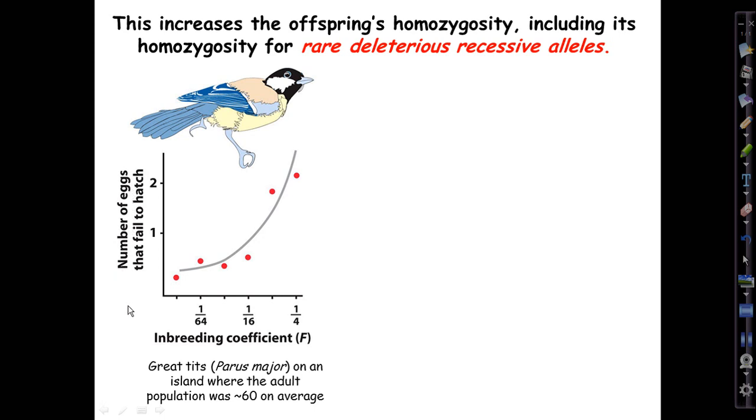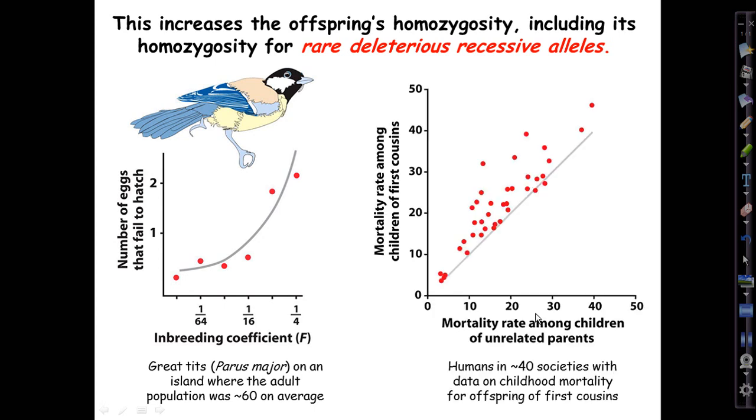Well, by this measure of fitness, the number of eggs the pair laid that failed to hatch, on average, it went up precipitously as the inbreeding coefficient increased, which is to say, as the effective population size of the ancestors of the eggs got smaller, and the force of drift became, for all practical purposes, that much stronger.